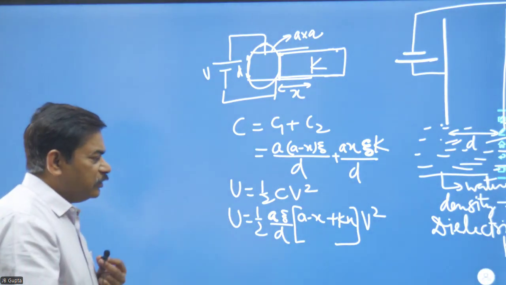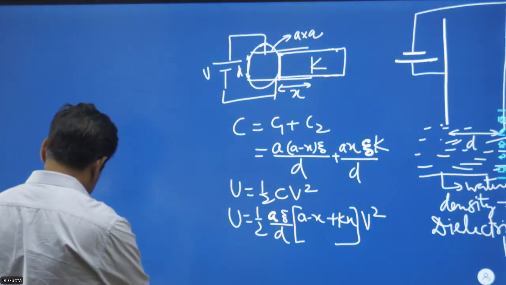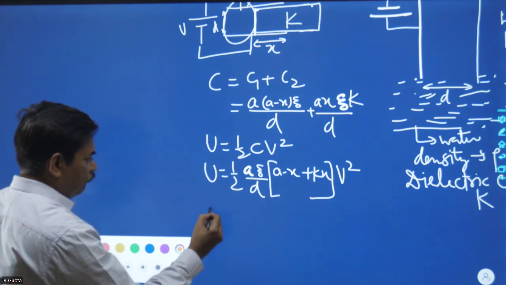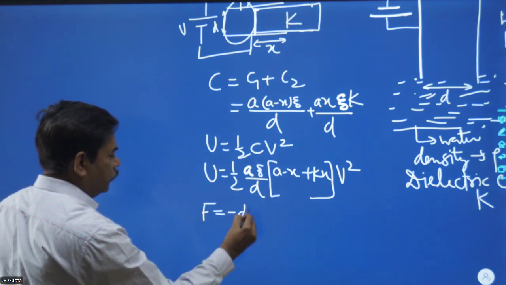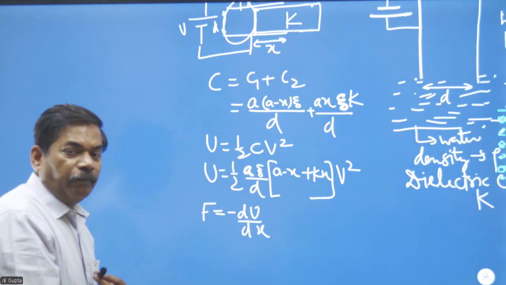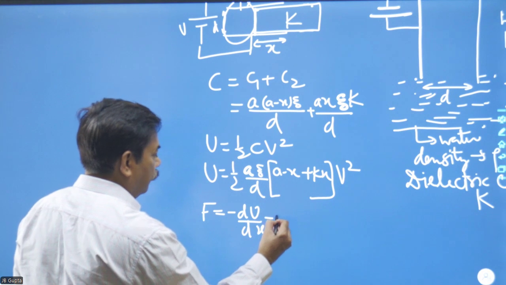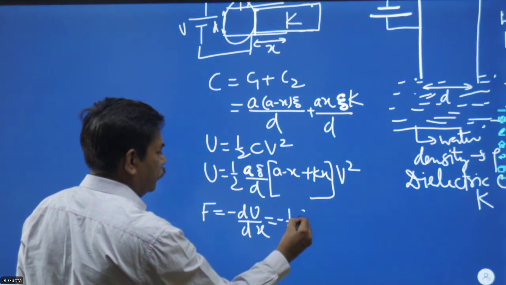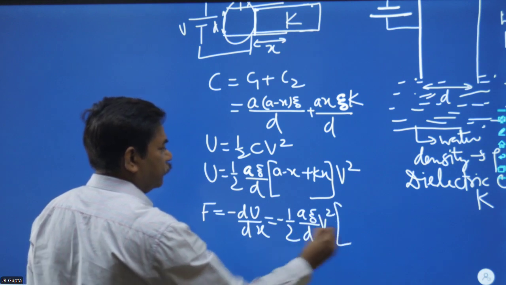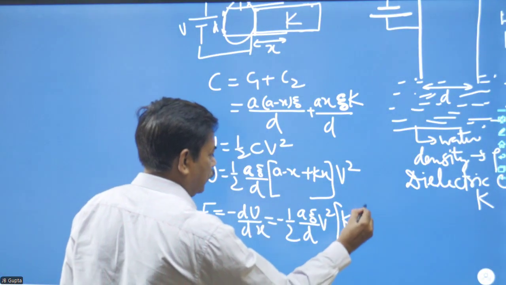Now because the energy is a function of x, the force F will be minus of dU by dx. So that will be equal to minus half a epsilon naught upon d into V squared, and its differentiation will be K minus 1.